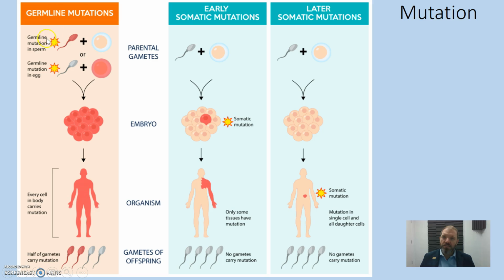But if you have mutations in what we call the germline, in the production of those germ cells or gametes, whether it's the sperm or the egg, that will affect all of the cells that come after fertilization, and that new organism, every cell in its body will carry that mutation. Furthermore, half of the gametes it produces might have that mutation as well. So it could not only be passed on to one generation, but subsequent generations as well. And so even though mutations occur in all types of cell division, it's particularly relevant when we have mutations happening during meiosis, because they will have consequences for all subsequent generations.